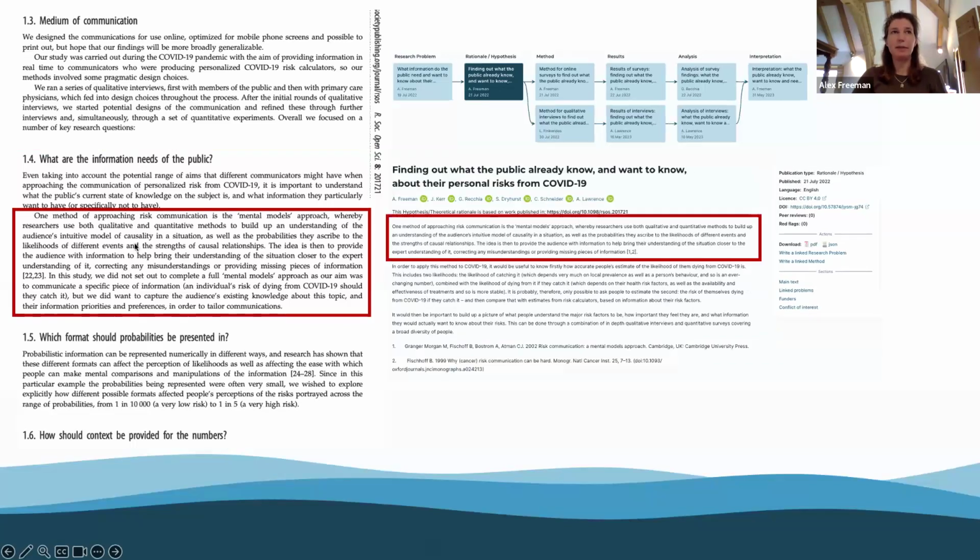The second bit, "One method of approaching," is the beginning of the rationale. So it's the next publication in the chain. I tweak the text in other ways to make it all stand alone. But essentially, if you've got a paper that you've already published, you can take the information and republish it in Octopus in this more broken down format.